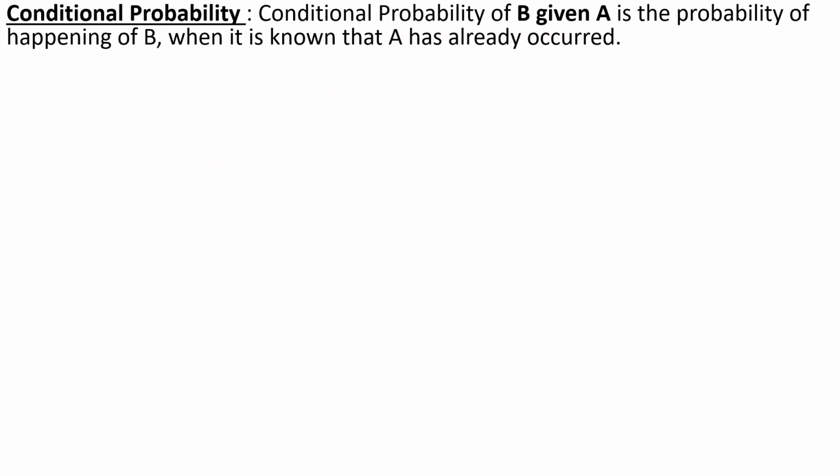Okay, then we have conditional probability. The conditional probability of an event B given A is the probability of the happening of event B when it is already known that event A has already occurred.